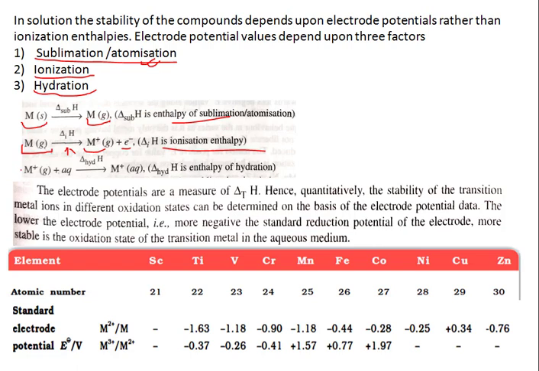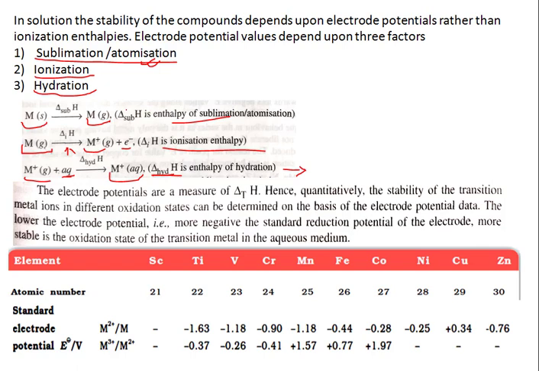Now, the third step involves this metal ion in gaseous form being dissolved in water to convert it into M positive aqueous, and during this process energy is released. That released energy is called hydration enthalpy.